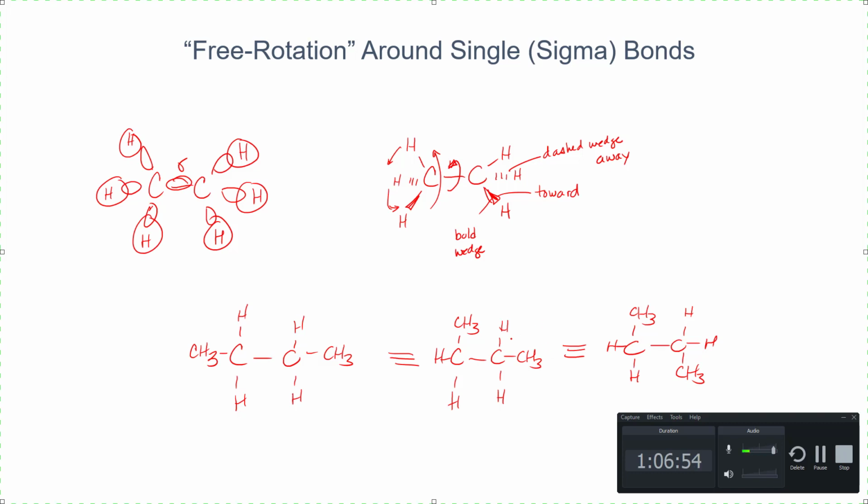All three of those are exactly the same Lewis dot structure. So you can think of that as having the ability to rotate those groups into each other. We'll talk more about that as we get into three-dimensional structures of alkanes in an upcoming lecture. But I'm just going to throw it out there. All three of these are exactly the same molecule.